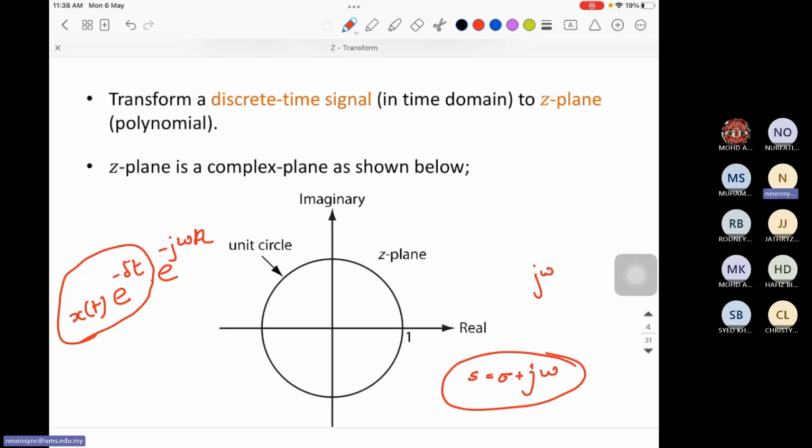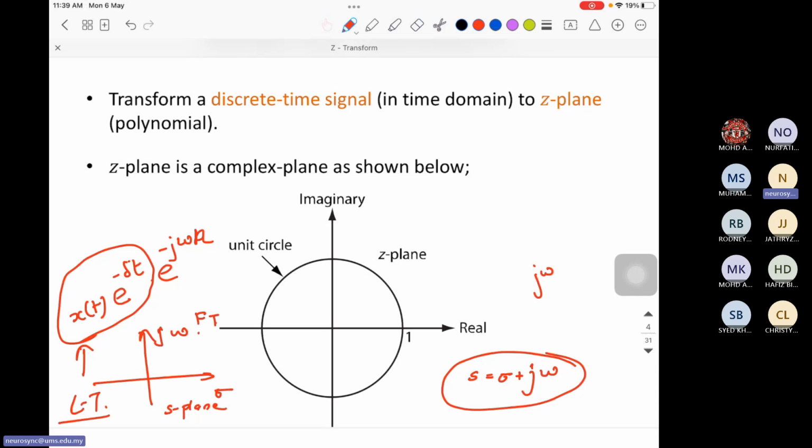One axis is the sigma axis, the x axis, and the other is the j omega axis, the y axis. So the Laplace transform exists in this s plane, sigma and j omega.